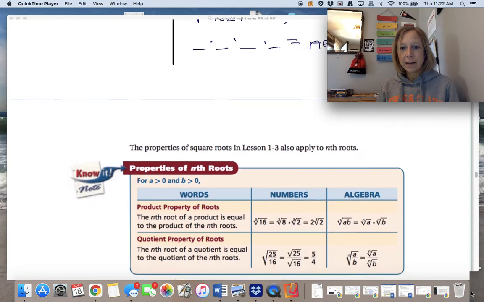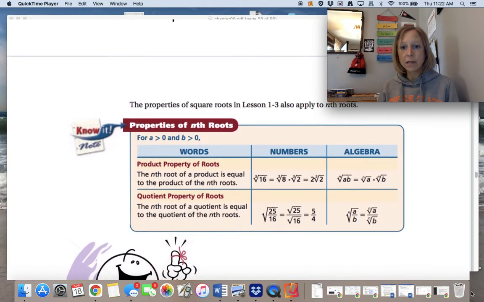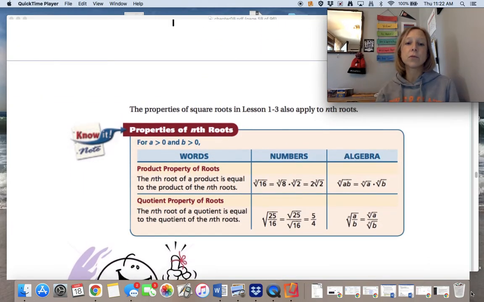Okay, now we've learned lots of properties early on in the school year of square roots, and all of those properties hold. So we can simplify these radical expressions using the same methods we used then. So in this example, in this chart, we see first the product property of roots. So what I can do is I can break this down.